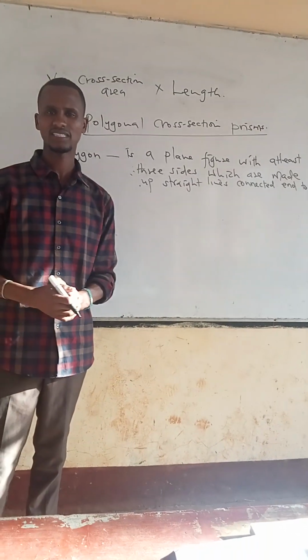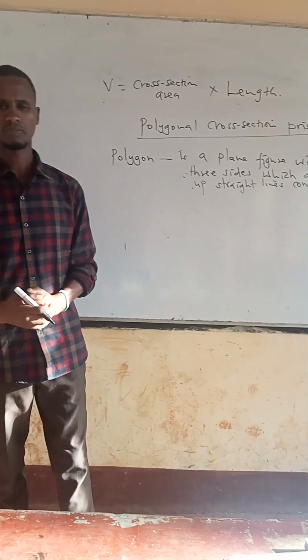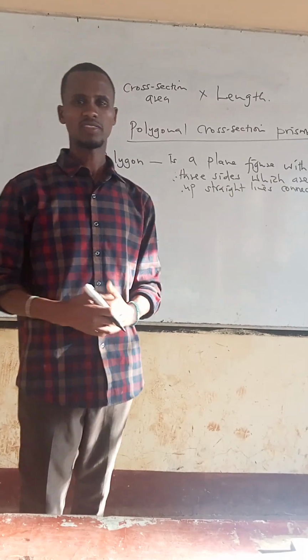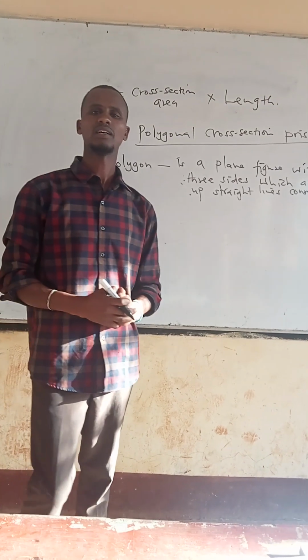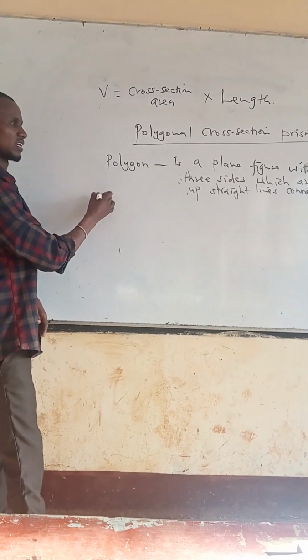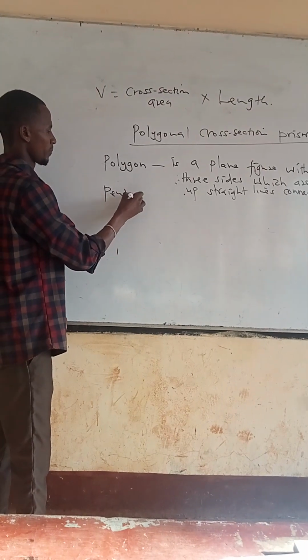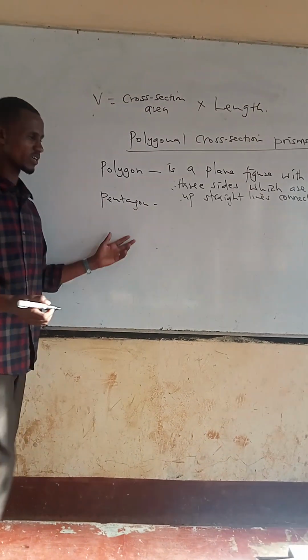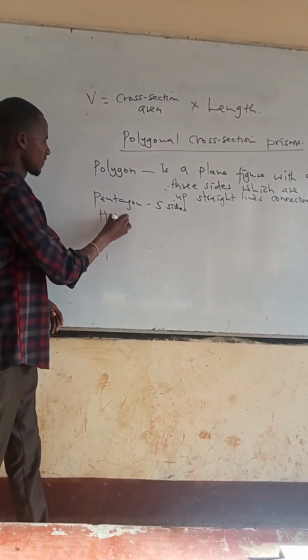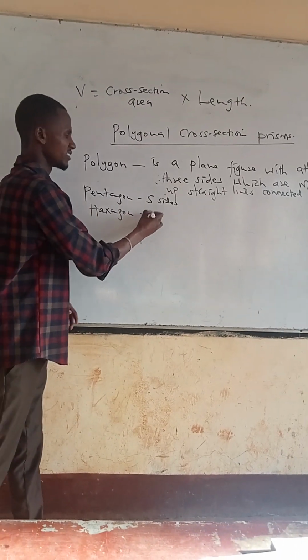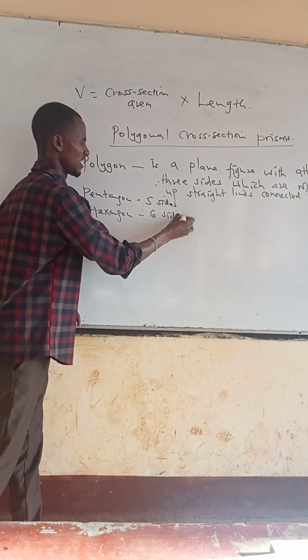It has many sides. Triangle is an example of a polygon with 3 sides. Quadrilateral is a polygon with 4 sides. Pentagon is a polygon with 5 sides. Hexagon is a polygon with 6 sides.